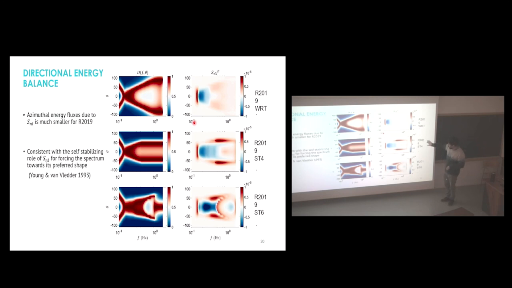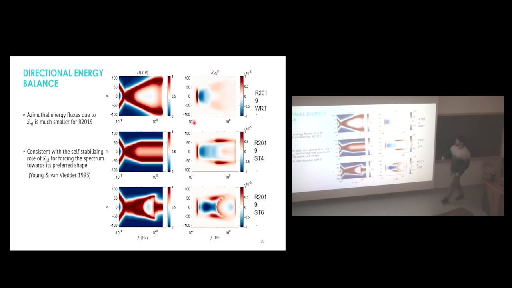You can see that for ST4 and ST6, the magnitudes of the nonlinear transfers at high wave numbers are roughly a factor of 10 compared to those with the narrow dissipation. And this is a good example of the self-stabilizing effect of the wave-wave interactions that are trying to put the spectrum in their happy place.